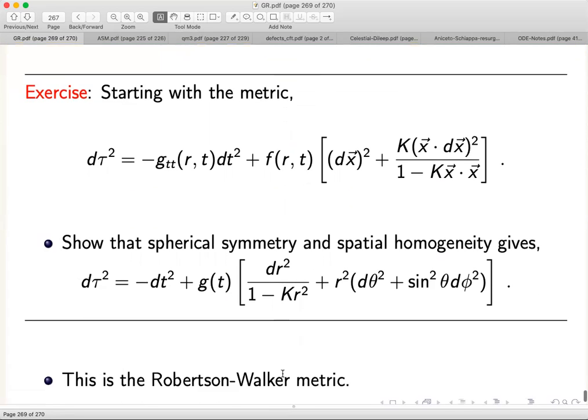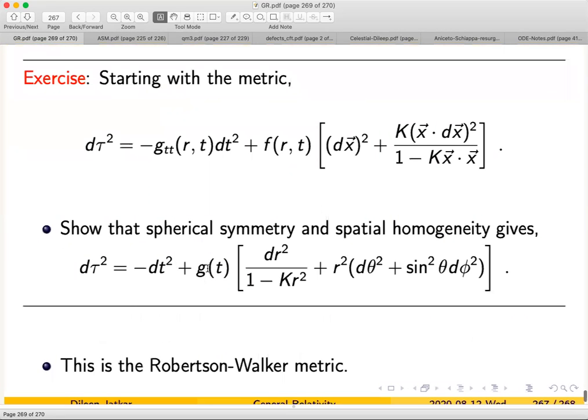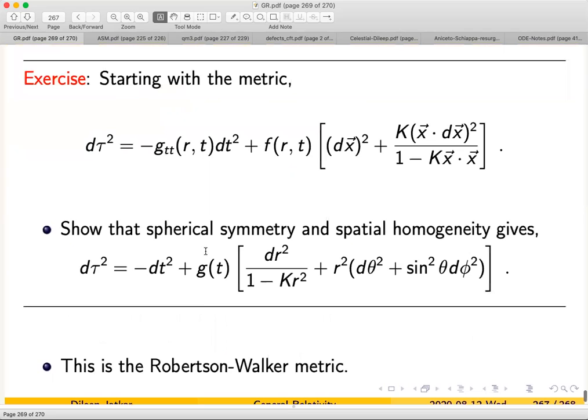So that's an exercise. And this is of course the famous Robertson-Walker metric. In the Robertson-Walker metric, conventionally we call it A of t. When we do cosmology, we'll call it A of t, but right now it's like this.